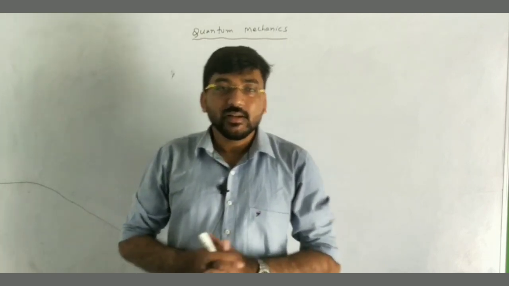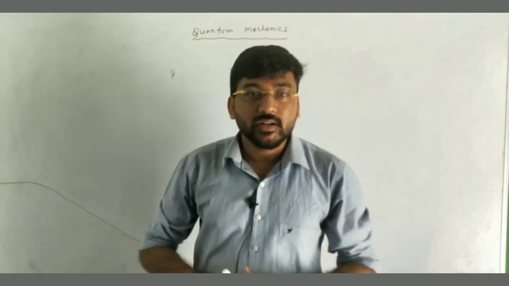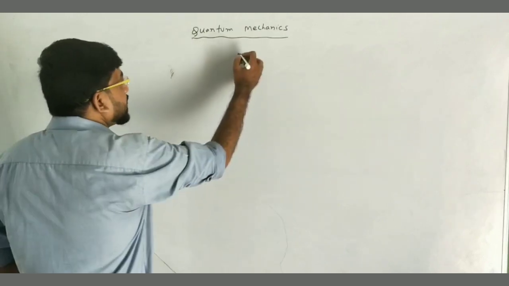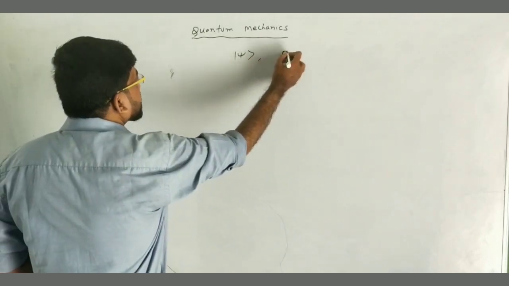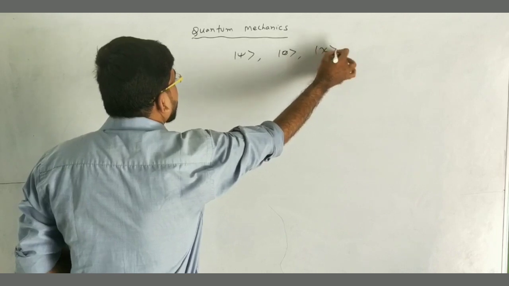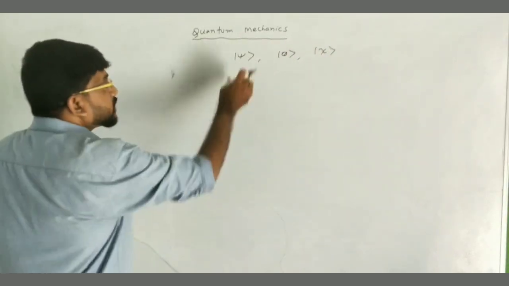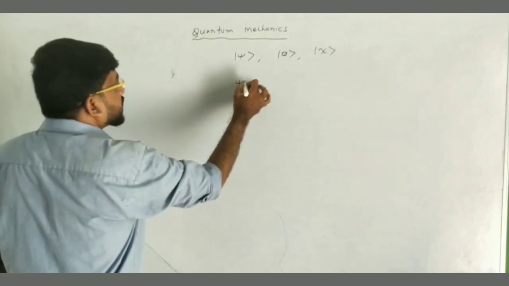In the last class, I discussed the scalar product basically. If we have some wave functions psi, phi and chi, we have discussed the scalar product of any two vectors. Suppose the scalar product of psi and phi we have defined in this way.